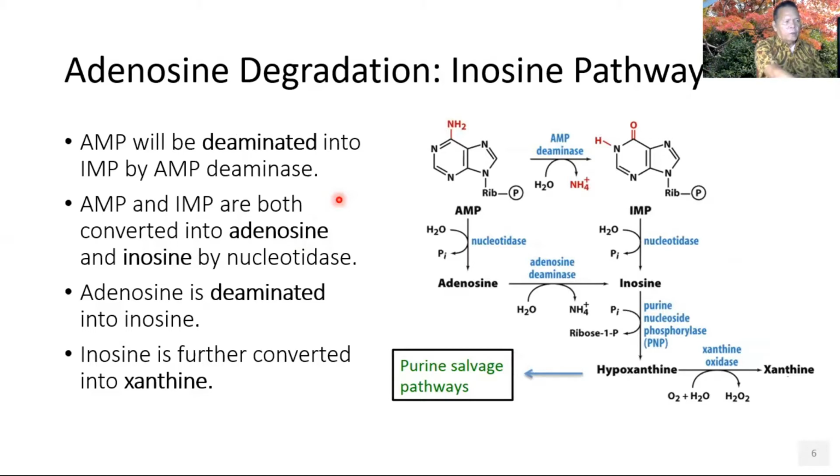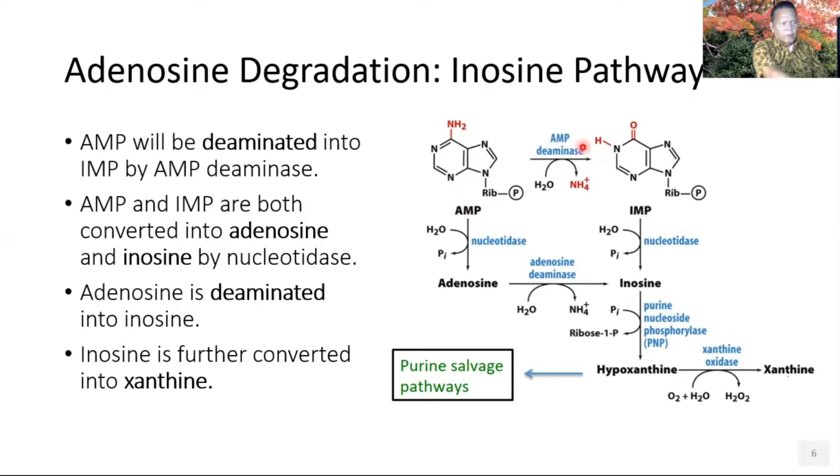Adenosine is deaminated into inosine, and inosine is further converted into xanthine. Let's see this pathway. This is AMP. This AMP will be converted into IMP by the enzyme AMP deaminase.